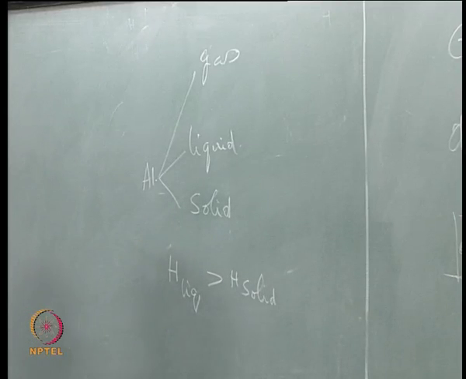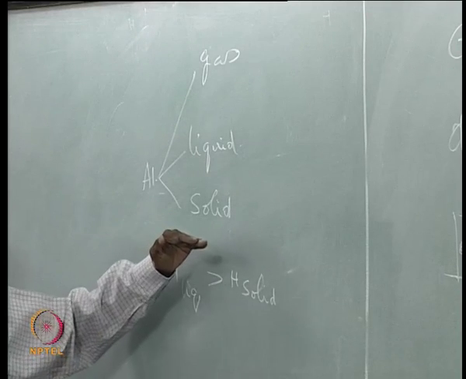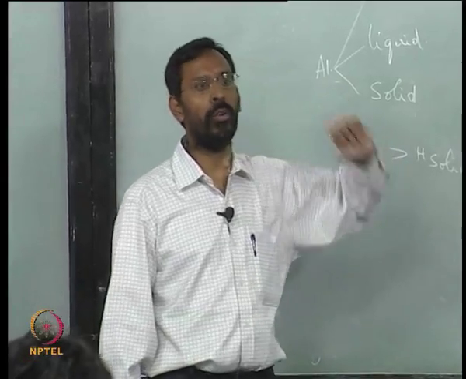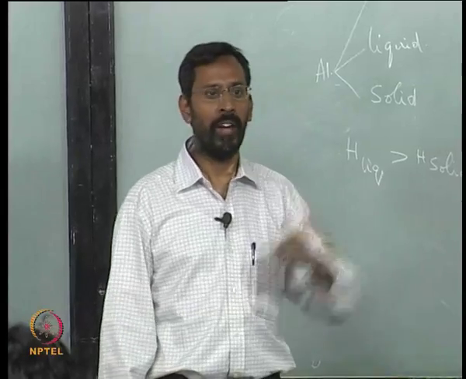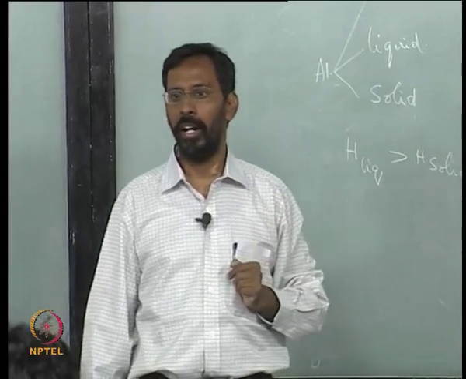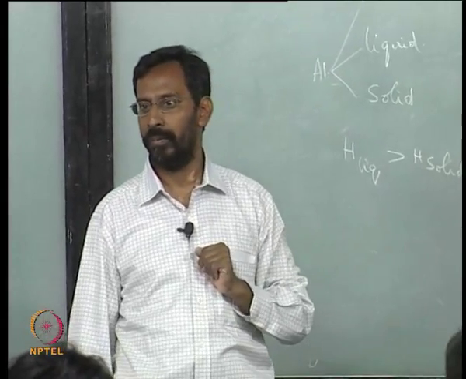So if at the melting point solid changes to liquid, it goes from a lower enthalpy state to a higher enthalpy state. Now in the reverse transformation, where liquid transforms into solid, it goes from a higher enthalpy state to a lower enthalpy state, isn't it?